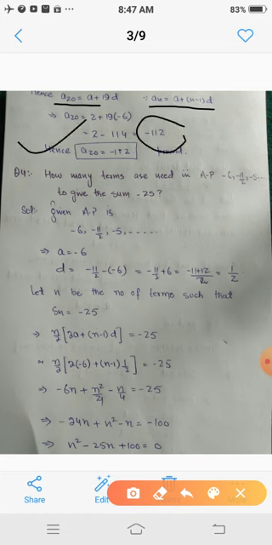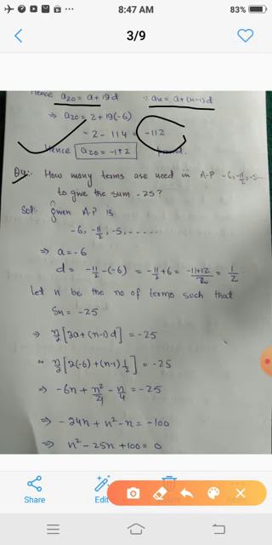Hence, the 20th term of this AP whose first term is 2 and the sum of the first 5 terms equals 1/4 the next 5 terms is minus 112. So in this way we proved the 20th term.